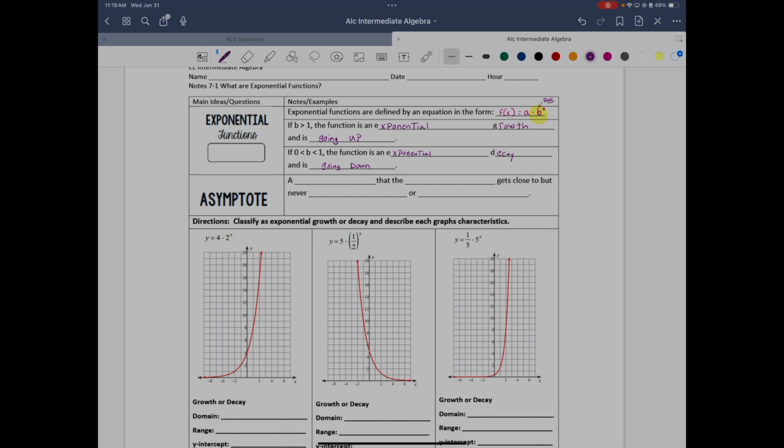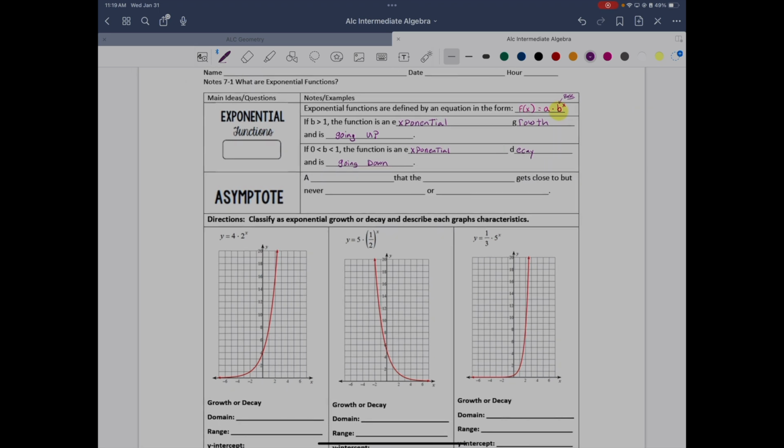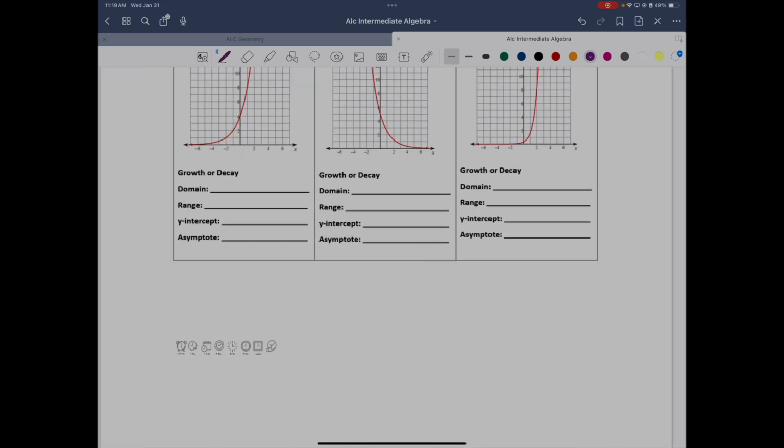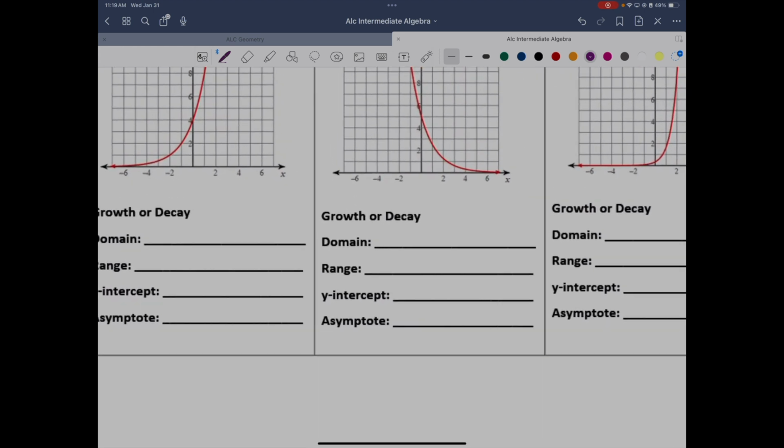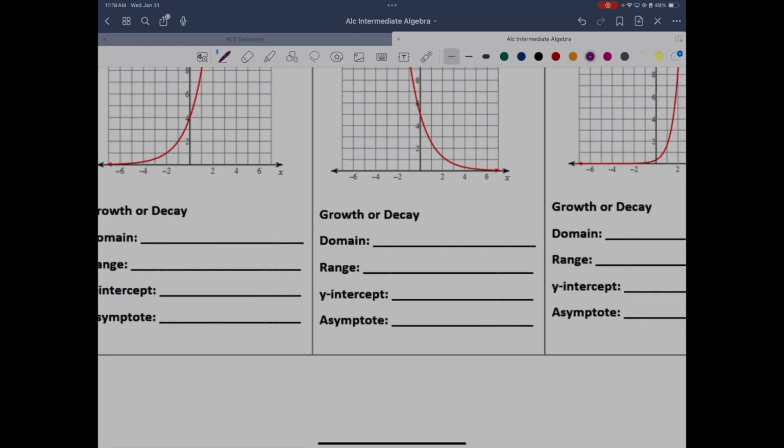So that's exponential functions. Now, if you look at these graphs, you'll notice all three of them get closer and closer to the x-axis, but they're never going to intersect it. You're never going to have an account that's technically at zero, or a car that's depreciated to the point where it's nothing.